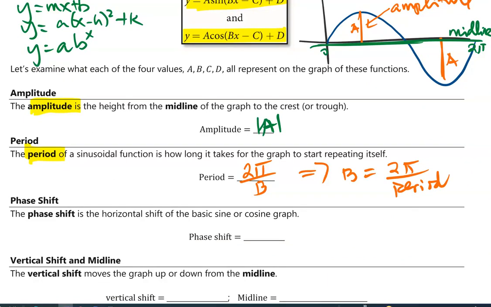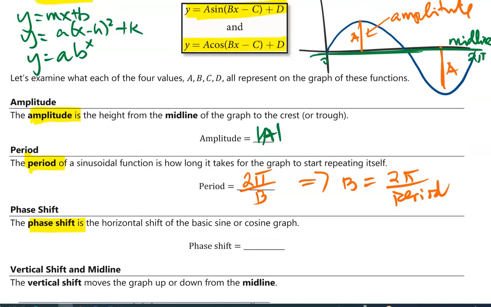The phase shift is the horizontal shift of the basic sine or cosine graph, and from the general form, that is C. So the C here is the phase shift.